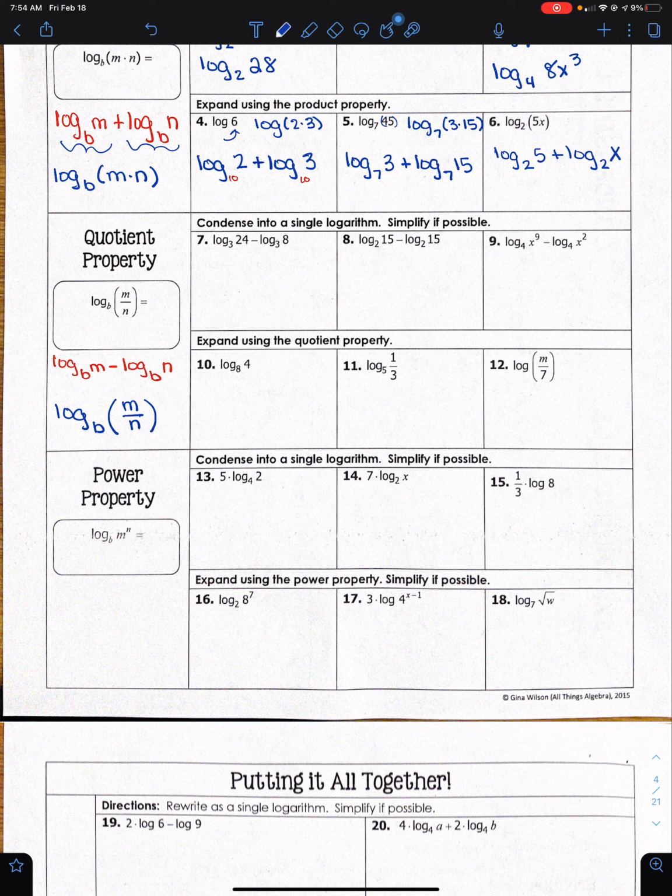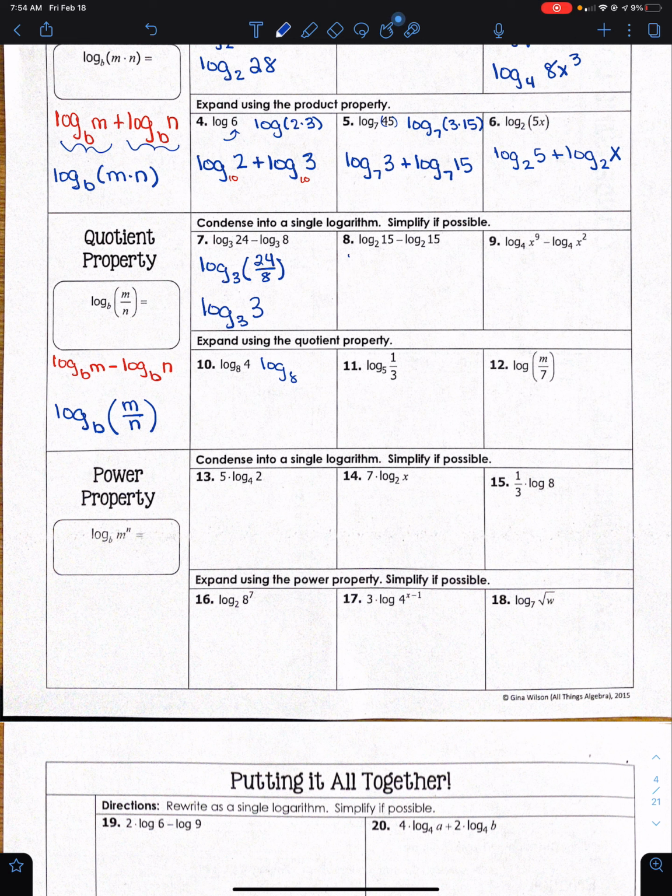Okay. All right, so on this one, I could break up into numbers that I could use. Sorry. I skipped the condensing part, so let me go to the top part first. So the condensing, I'm going to have log 3 of 24 divided by 8, which gives me log 3 of 3. Okay.